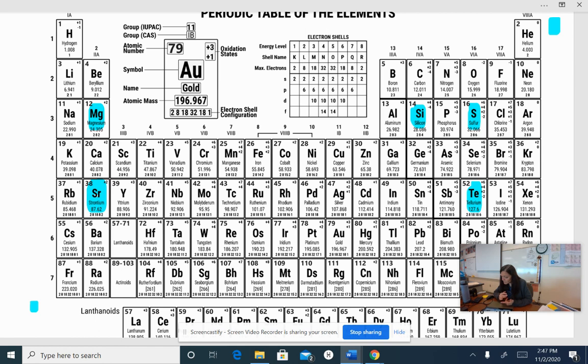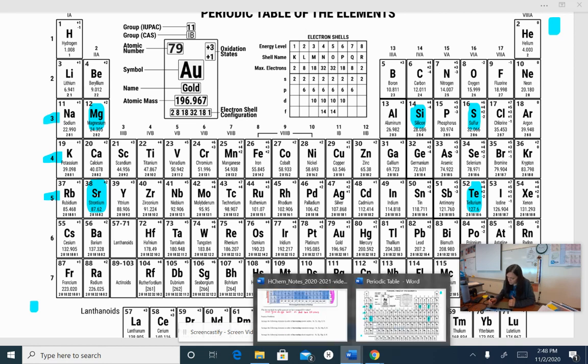So we're going to start listing sulfur first, then silicon, then magnesium. Why not tellurium? Because remember, tellurium has 2 more layers. So then tellurium and then strontium, because each period we add on a layer. So sulfur is going to be our smallest.